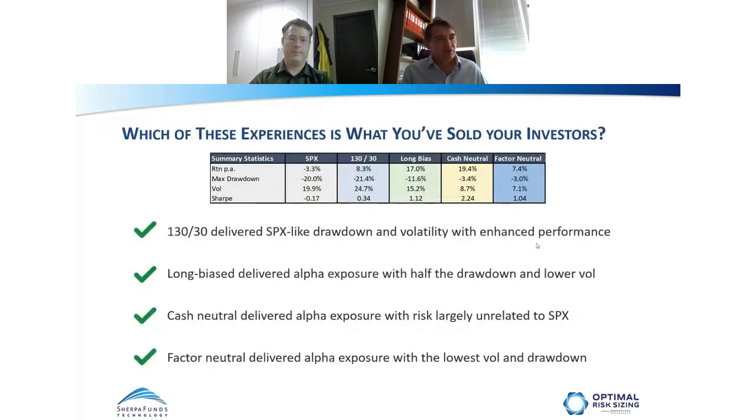So the first question, before we go into the analysis of the return, is what have you sold your investors? What have you told them you're going to do? Now, clearly, these are quite big gradations, right? There's a very big difference between a long bias and a cash neutral, and that's a very obvious gradation.